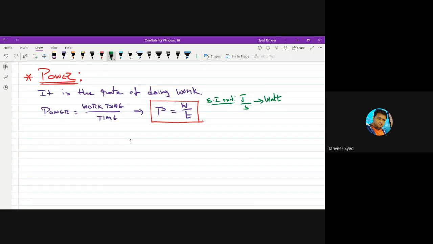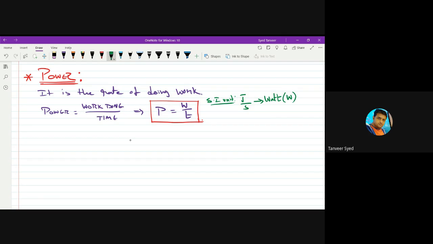Steam engine. James Watt invented steam engine. So, in memory of that famous scientist, we have named the unit of power as watt, and its symbol is capital W. So, don't get confused with W of work and this W of watt. Depending on the situation, you should understand which W is what.